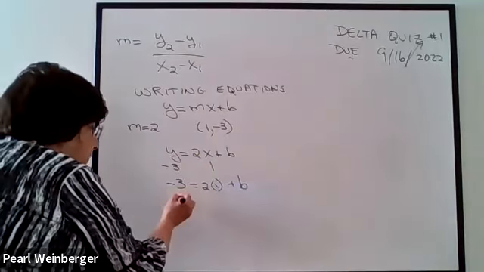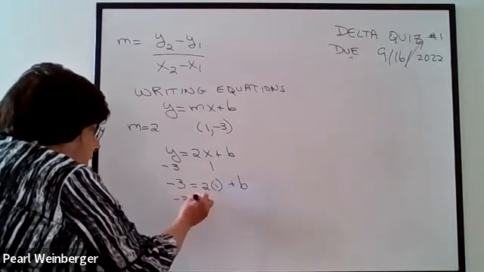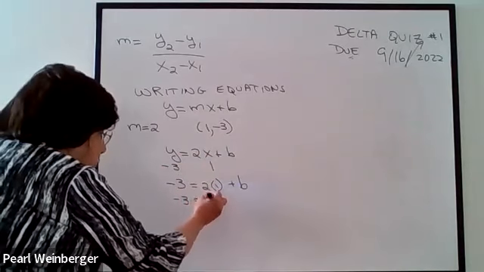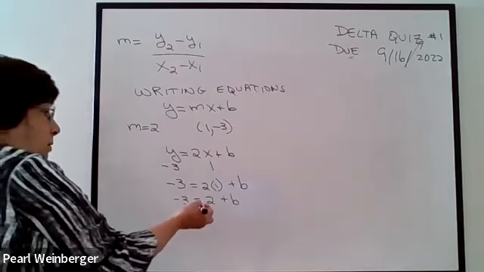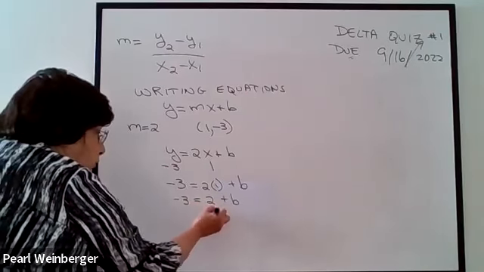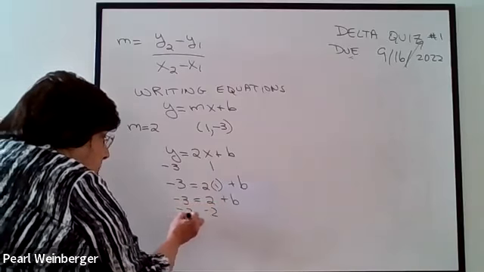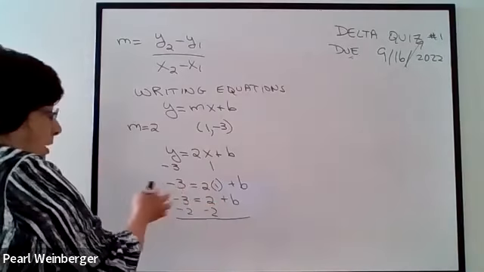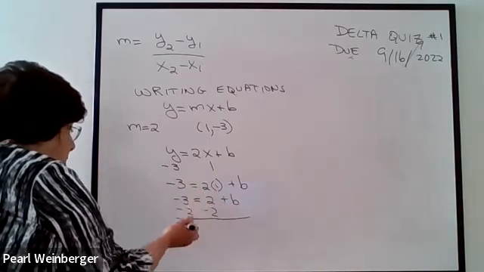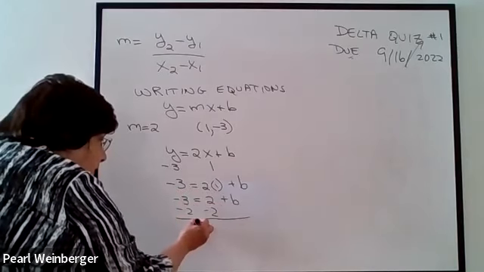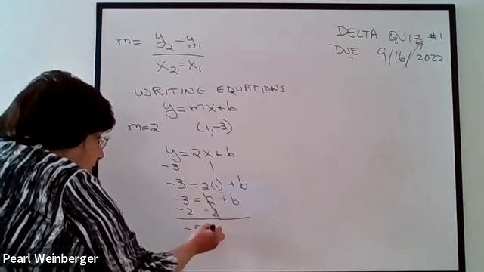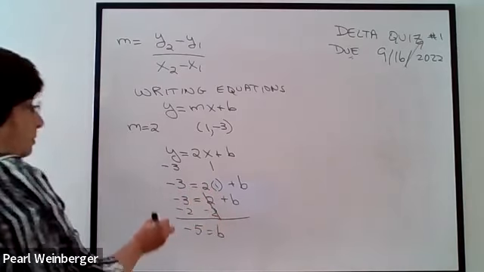So this becomes -3 equals 2 times 1, which is just 2, plus b. And I want to get the b alone, so I'm going to subtract 2 from both sides. Remember, this is an equation. I just have to get the b alone. -3 minus 2 is -5. That's what my b is.